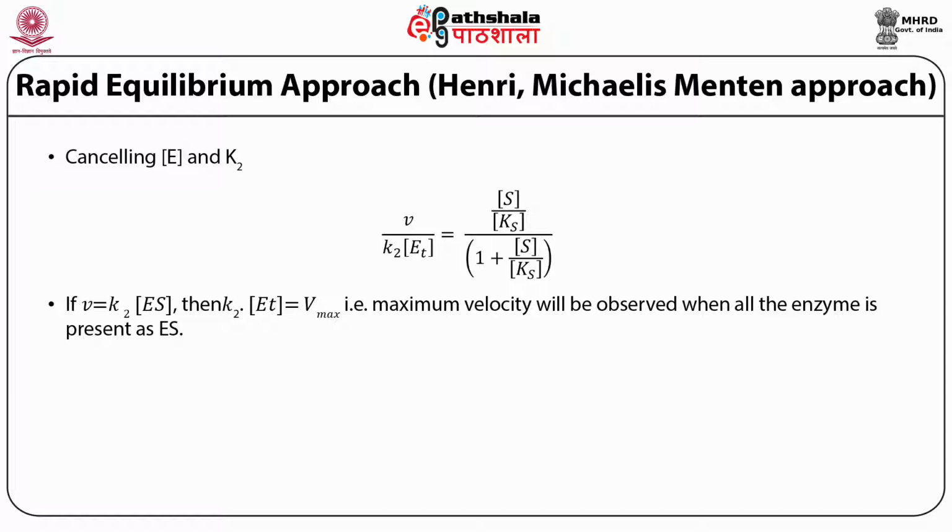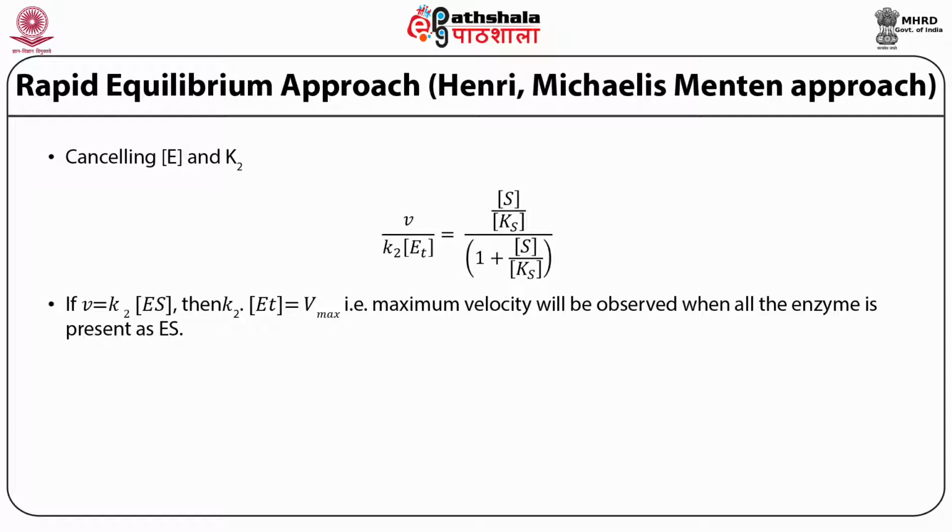Therefore, the initial velocity V0 equal to K2 into ES can be replaced with Vmax equal to K2 into ET, because here ET is equal to ES. So the maximum velocity will be observed when all the enzyme is present in ES complex form.